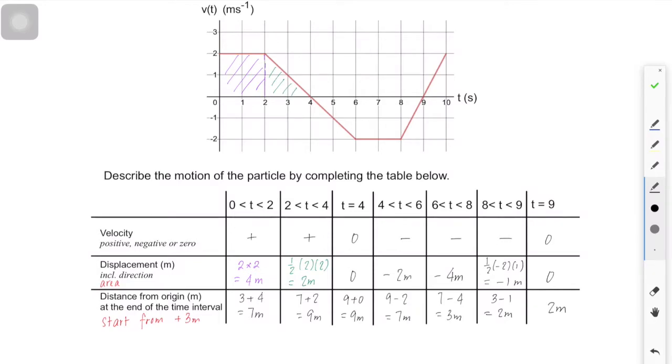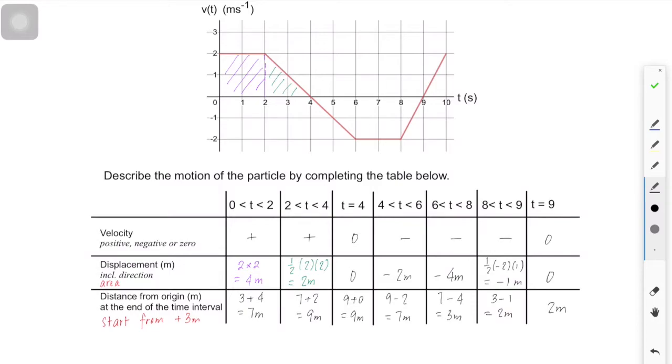When we calculate the distance from the origin, however, we're considering how far you have moved by the end of each time interval. So starting at 3 meters, in the first time interval from 0 to 2 seconds, the displacement is 4 meters forward. So that means in total, you are 7 meters away to the right of the origin now.